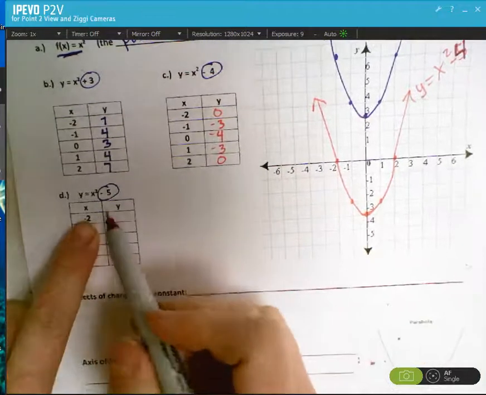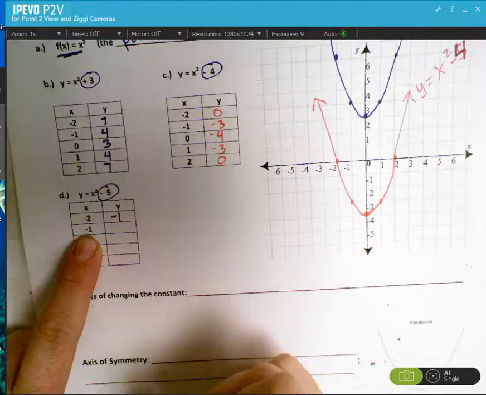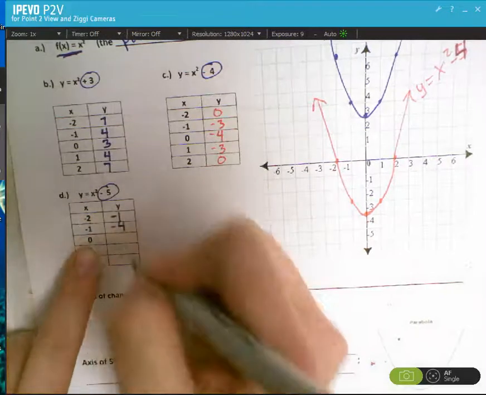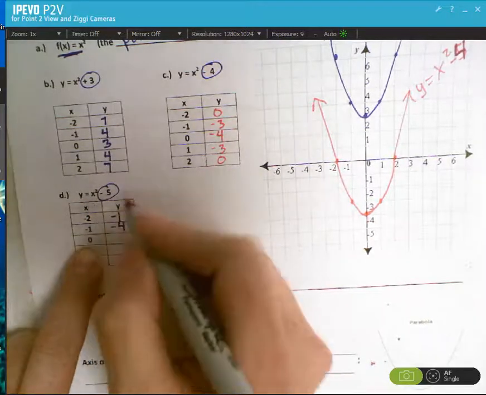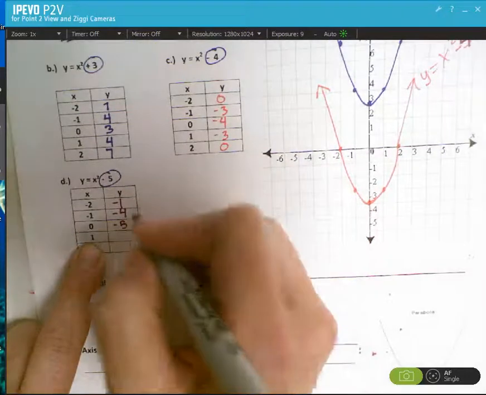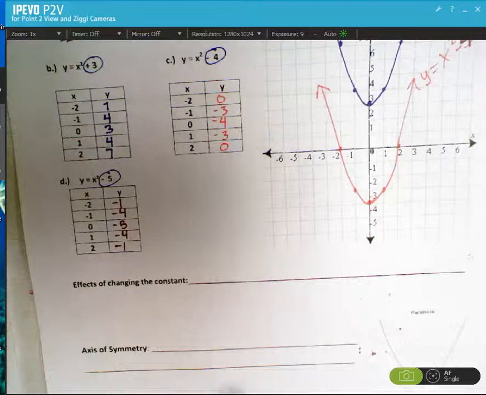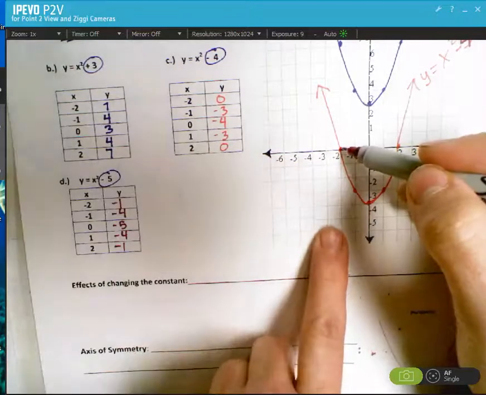So negative 2 squared is 4, minus 5 is negative 1. Negative 1 squared is 1, minus 5 is negative 4. 0 minus 5 is negative 5, so there's our vertex. 1 minus 5 is negative 4, and 2 gives negative 1. So negative 2 and negative 1.